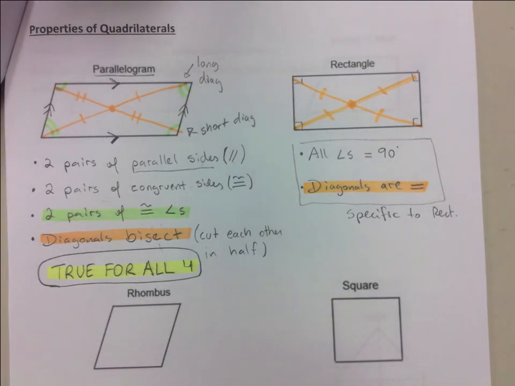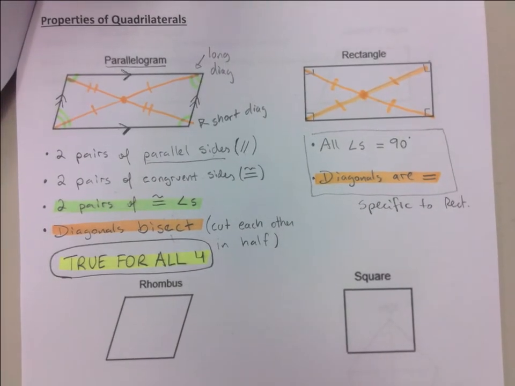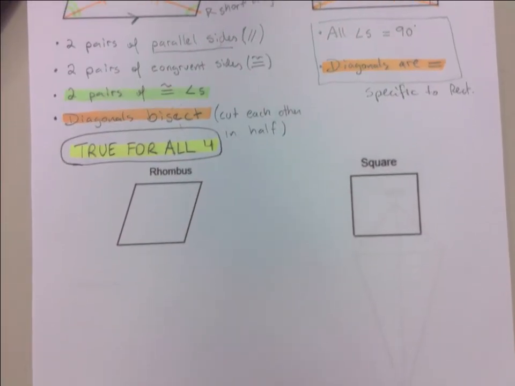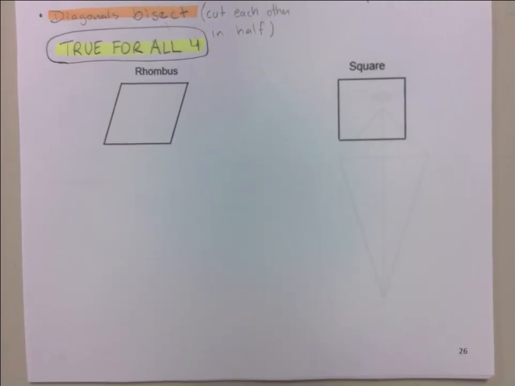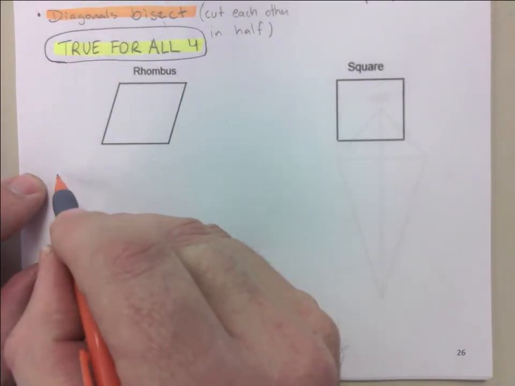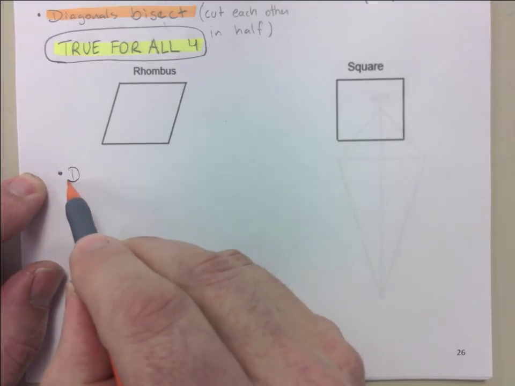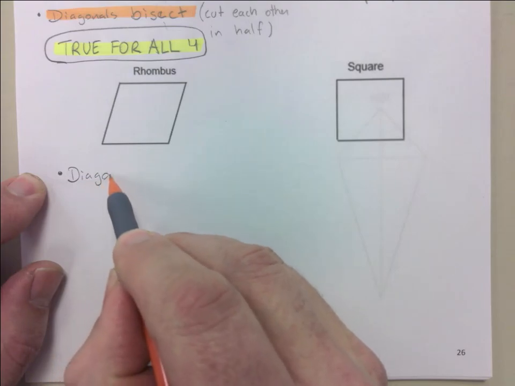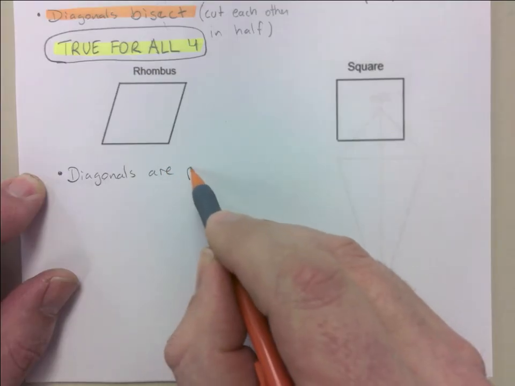So now let's go to the rhombus. Rhombus and square are also related. What is special about a rhombus is that diagonals are perpendicular.